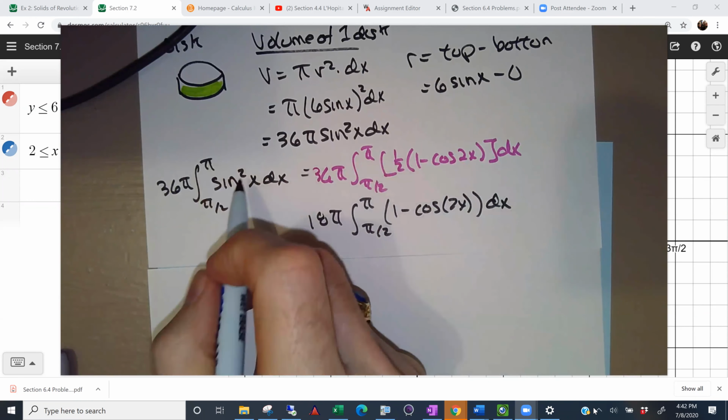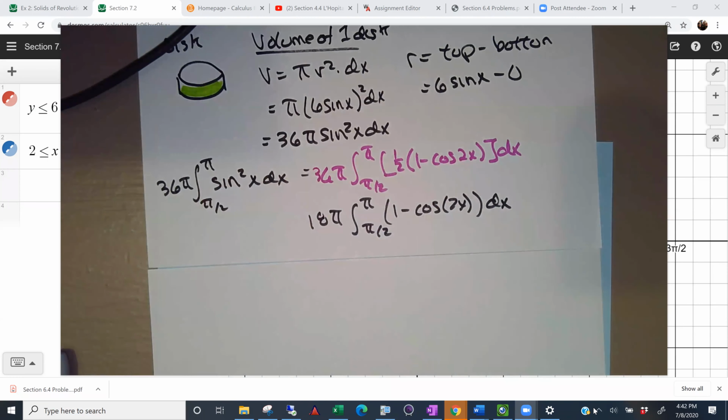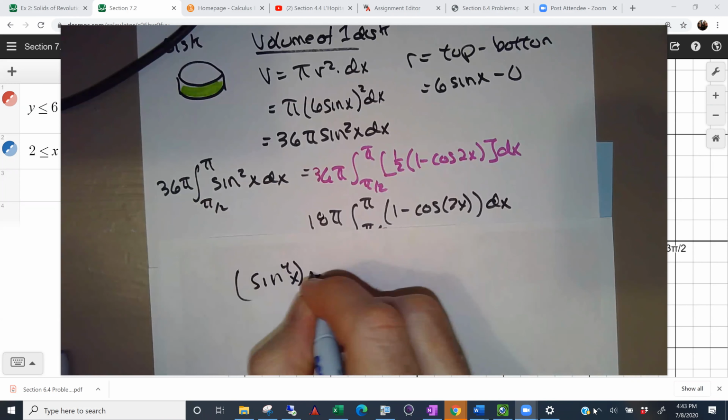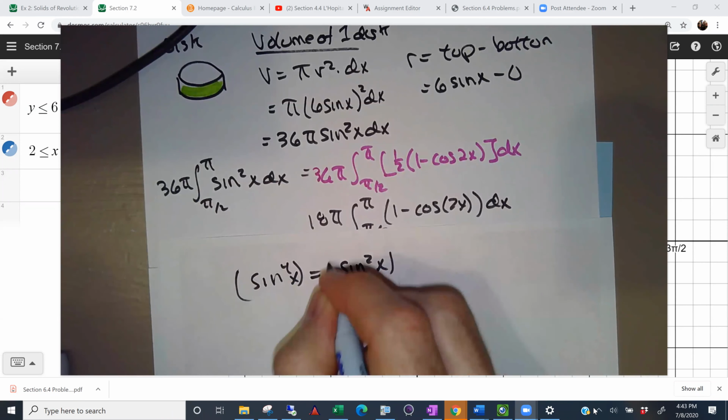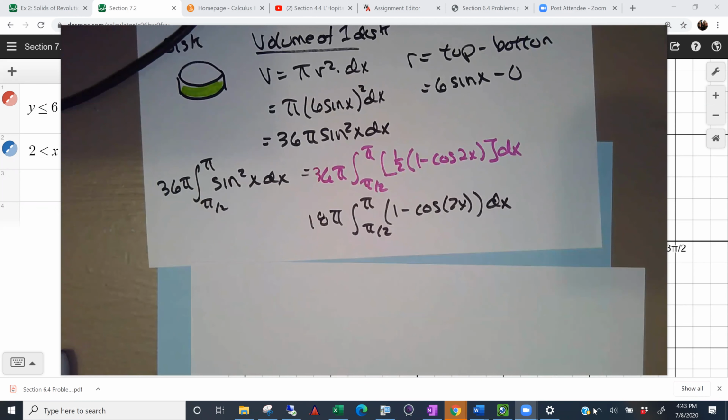Now, if this was sine to the 4th of x, I'd write it as sine squared squared, then use the power reduction formula in here, and then square out the result. Maybe I can do one like that next time.